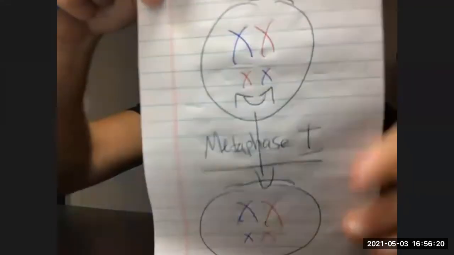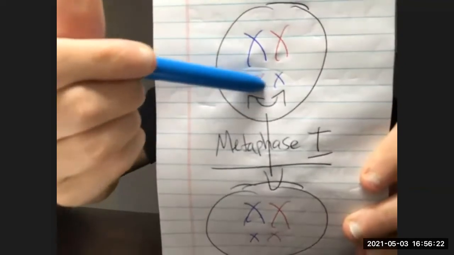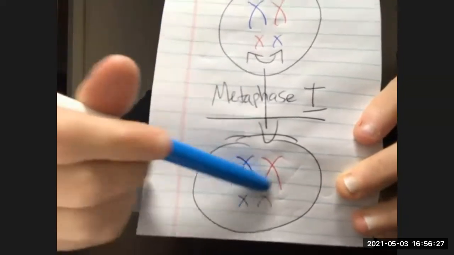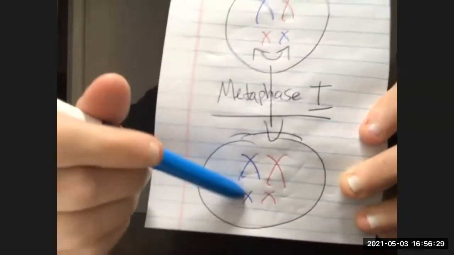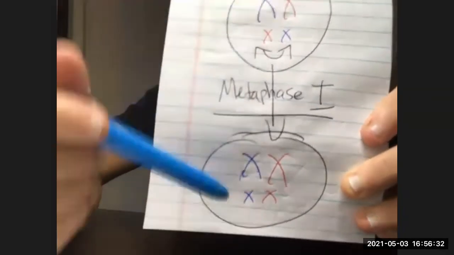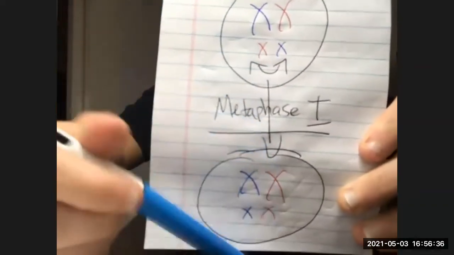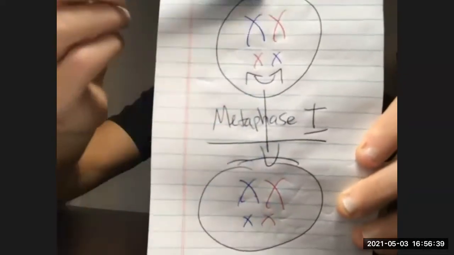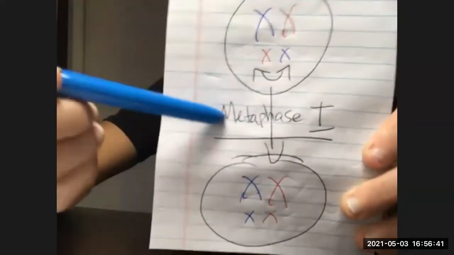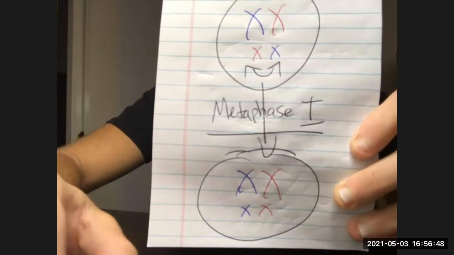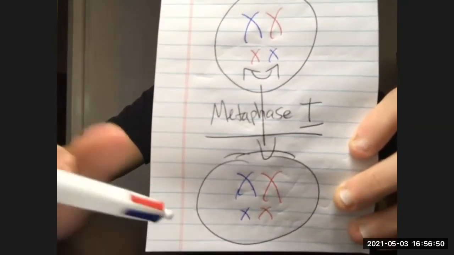And we call that independent assortment. So this is what I did. I just switched these 2 places. And now they're down here. That's the after I switched them, right? I could have easily just drawn it that way. And that's 2 different options, right? So when I split this cell down the middle after the end of meiosis 1, I'm going to have different combinations, different variations genetically. The different combinations of chromosomes, the outcomes of chromosomes.